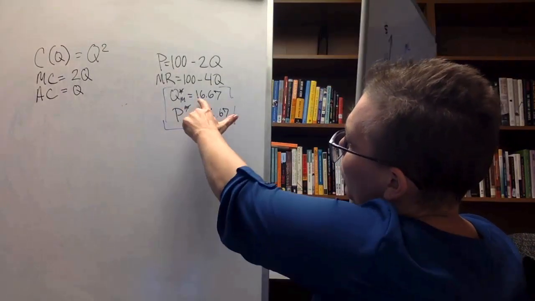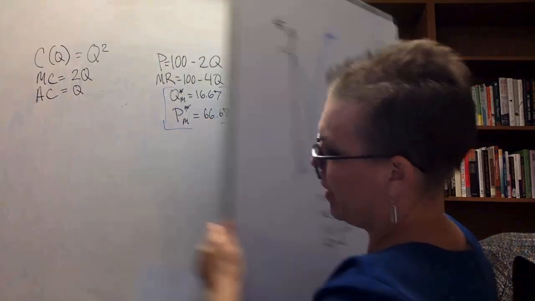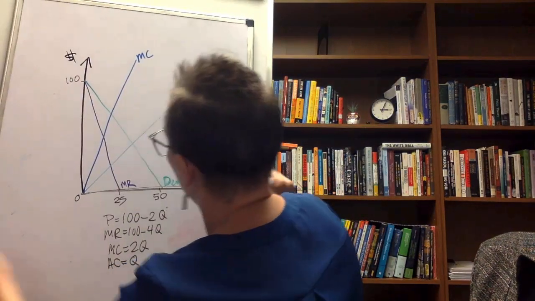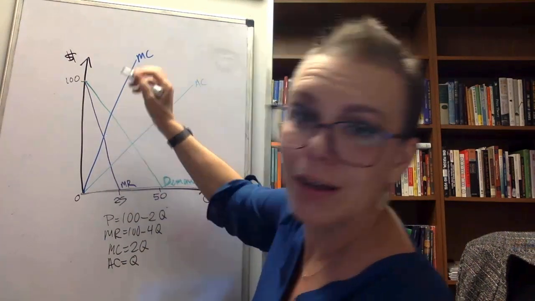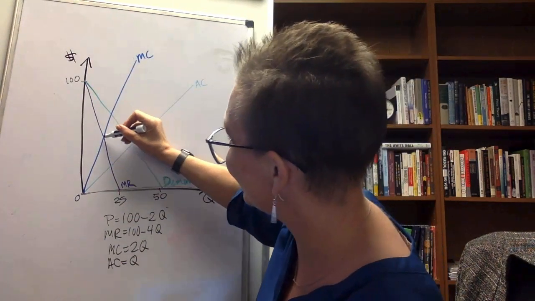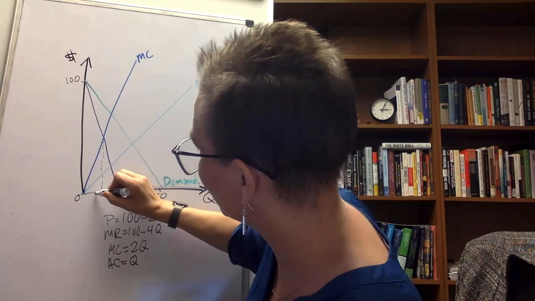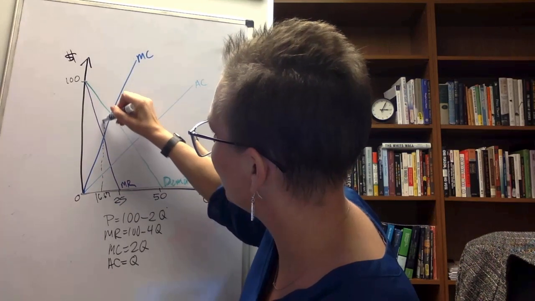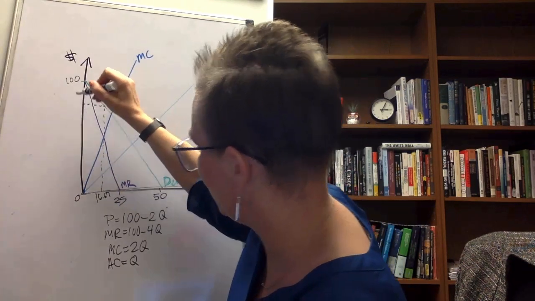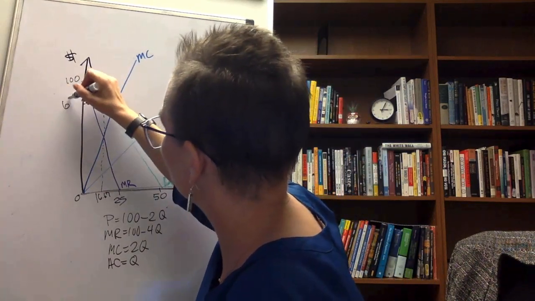We have our equilibrium point where marginal cost is equal to marginal revenue, and the price from the demand curve. So let's put those in. Our equilibrium point, where marginal revenue is equal to marginal cost, is at a quantity of 16.67. The price is going to be based on the demand curve, and that's going to be 66.67.